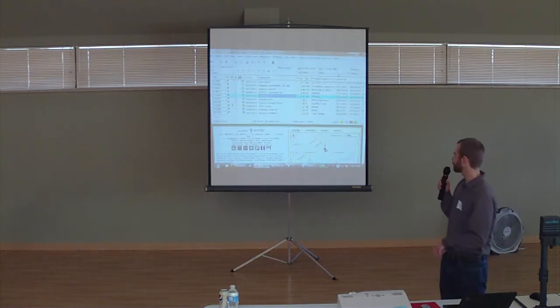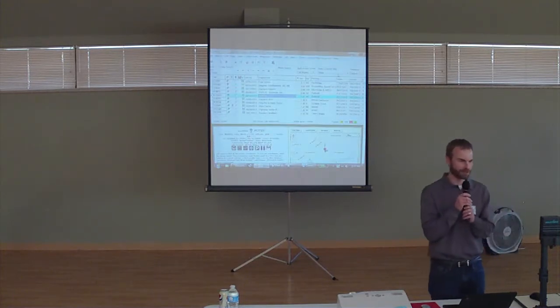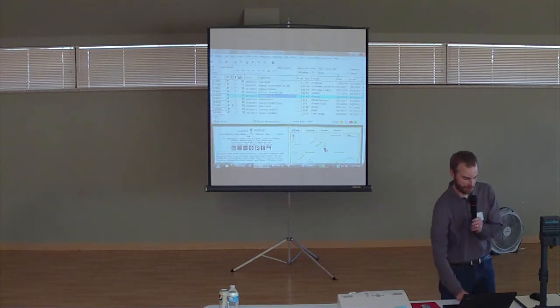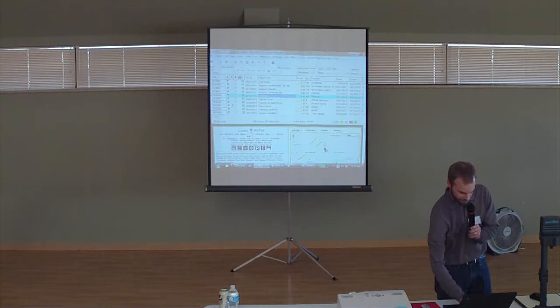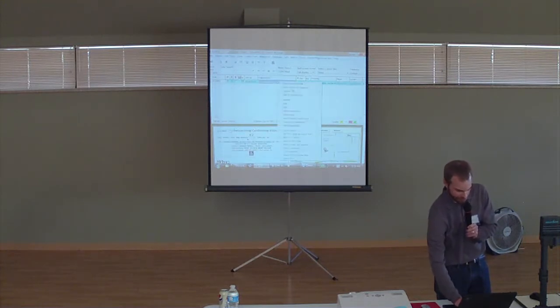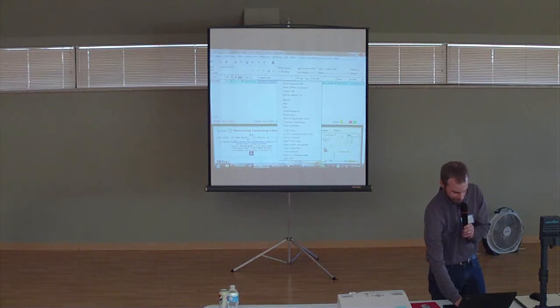Now to sort by distance, you have to select the center point. So let's say you find the continuing education. One of the options when you right click is to set this cache as the center point.